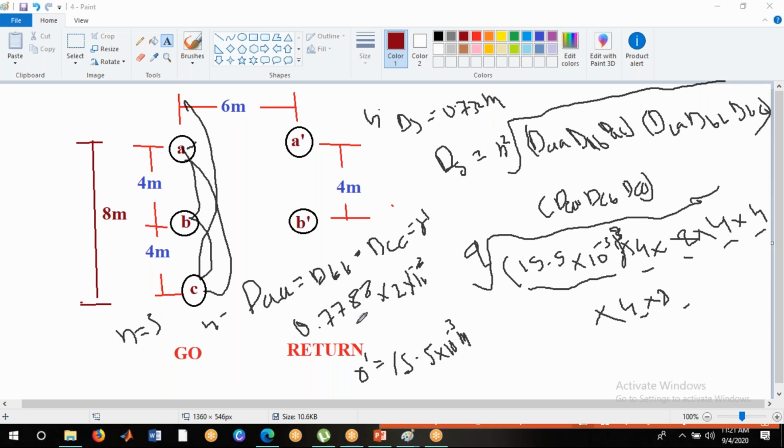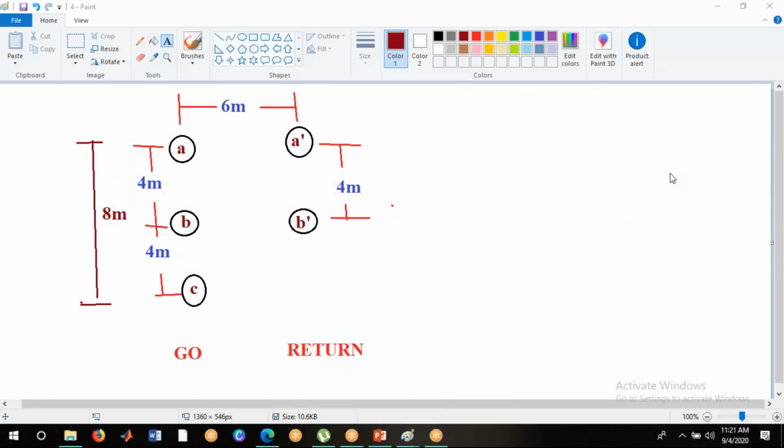I got DS value 0.732 meters. Others, did you get the DS value 0.732?